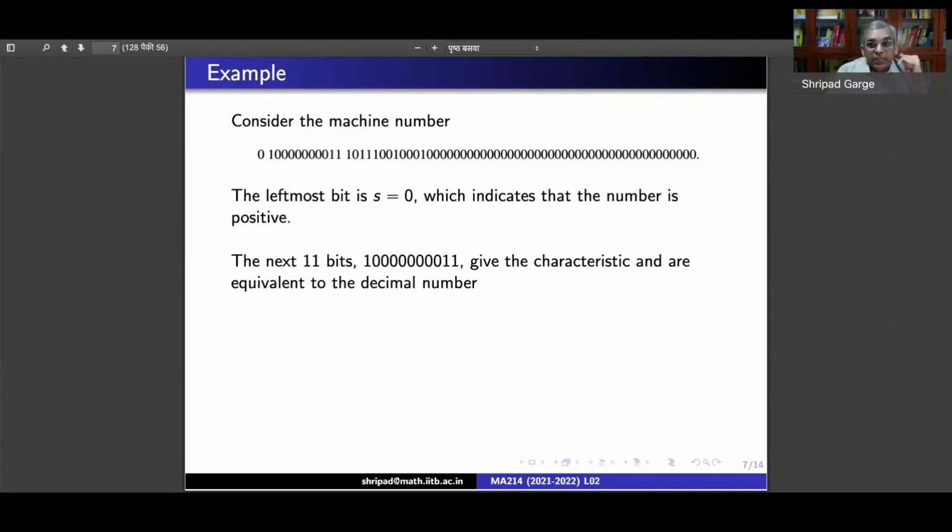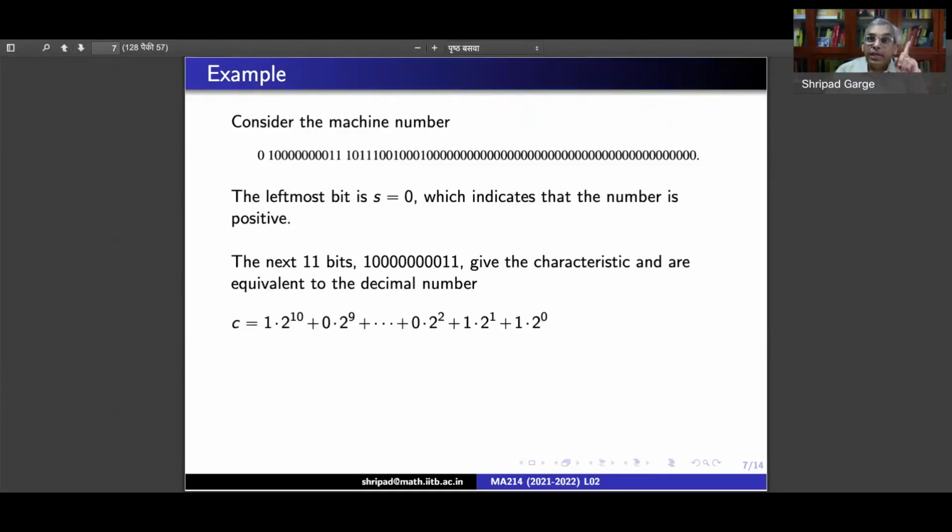So the characteristic that we get is 2 power 10, and then there are zeros, and then plus 2 and plus 1. Remember 2 power 10 is 1024. You add 3 to that and you get 1027. So the characteristic for our machine number is 1027.